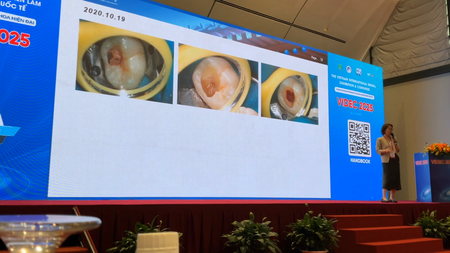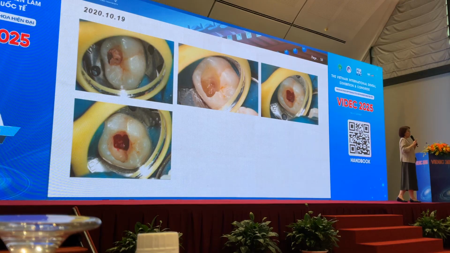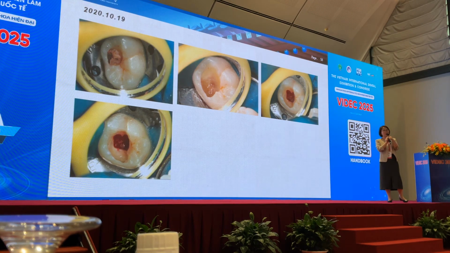Totally different. It's dark. Even then, we attempted vital pulp surgery also. Just remove the pulp tissue into the root canal, and it's difficult for us to achieve hemostasis, even after copious irrigation with sodium hypochlorite solution.